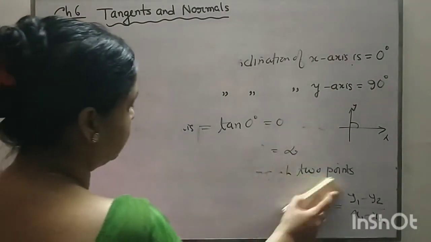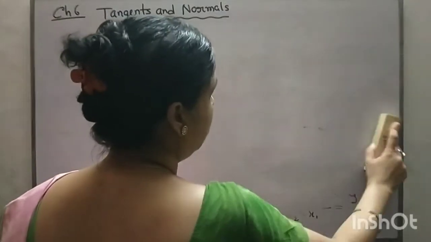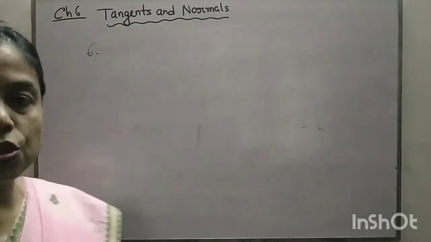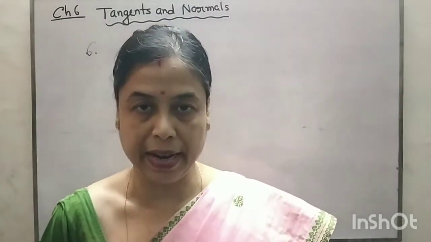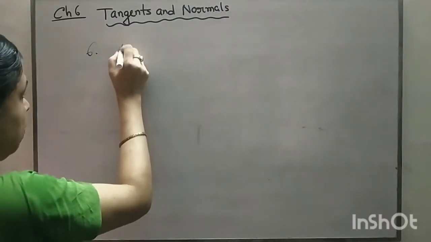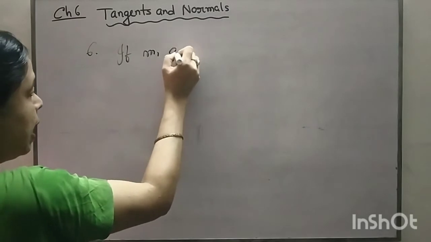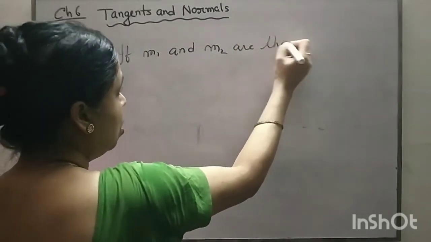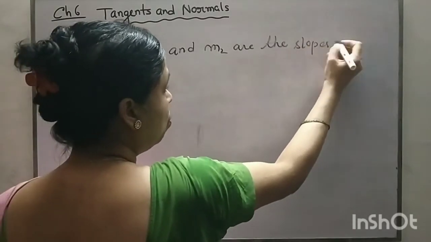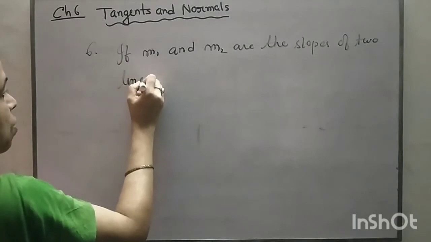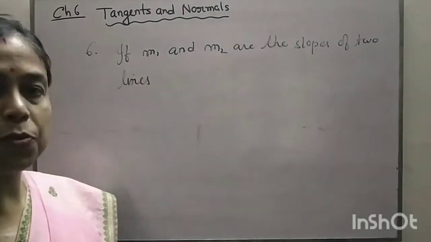And number 6. A few results I am giving you from coordinate geometry. In the 6th number, we have to know under what condition we call two lines parallel. Suppose M1 and M2 are the slopes of two lines.